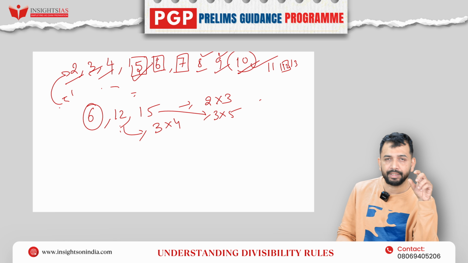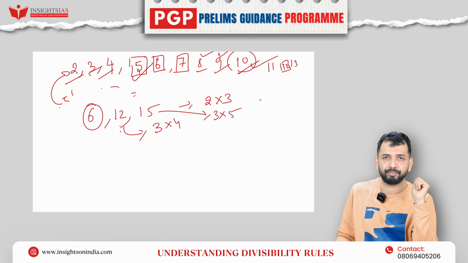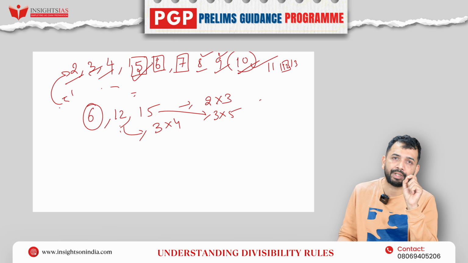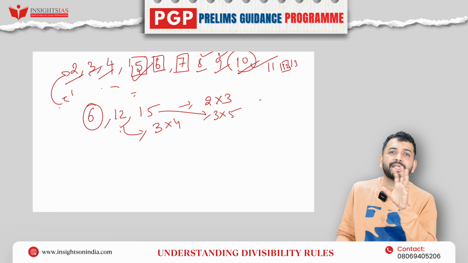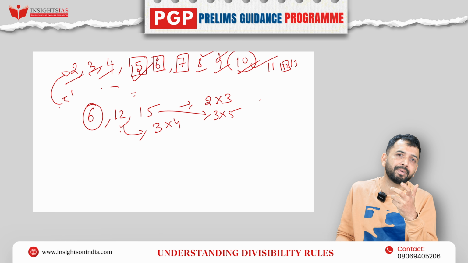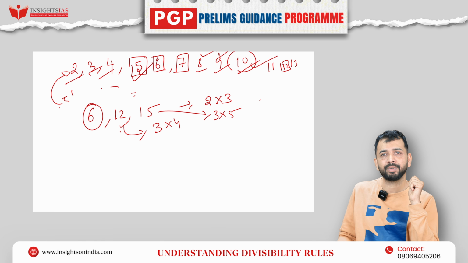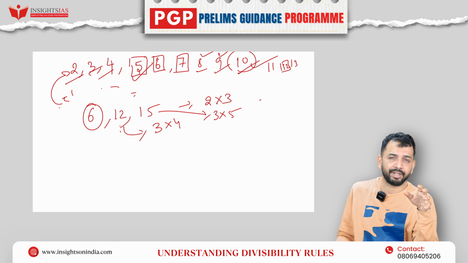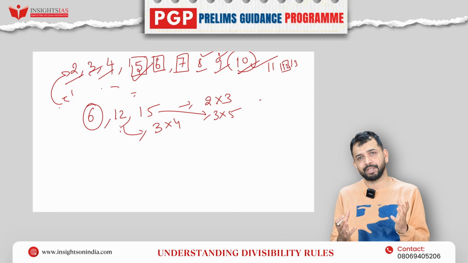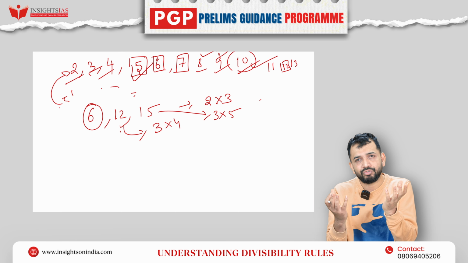Now, understand this: whenever a number is not a prime, always write it in such a way that the factors of those two numbers do not have any common factor other than 1. That means you have to make them multiples of two co-prime numbers.